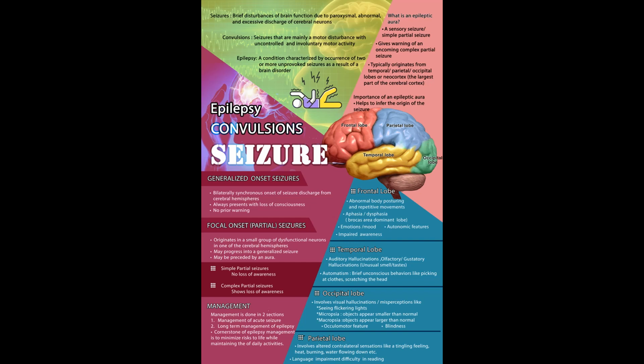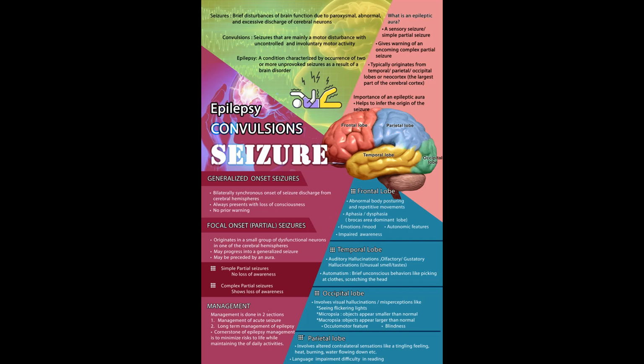Partial seizures are categorized as follows: simple partial seizures, where there is no loss of awareness, and complex partial seizures, where the individual shows a loss of awareness. As mentioned here, focal onset seizures may be preceded by an aura. So, what exactly is an epileptic aura?